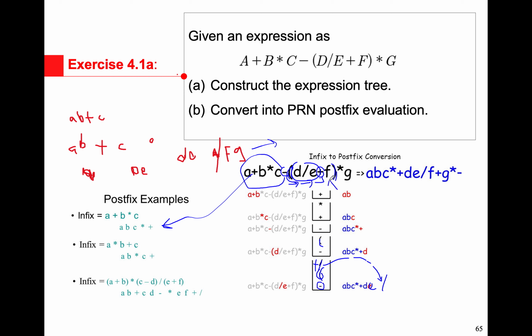Then over here you meet the F, and you meet the bracket. Your bracket you will be store. What does it look like now? Under your stack you have minus, you have a bracket, and you have plus, and then you have bracket.